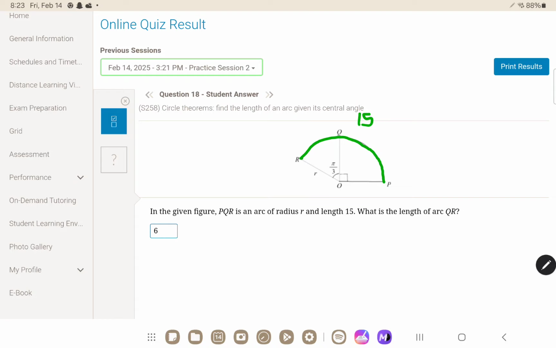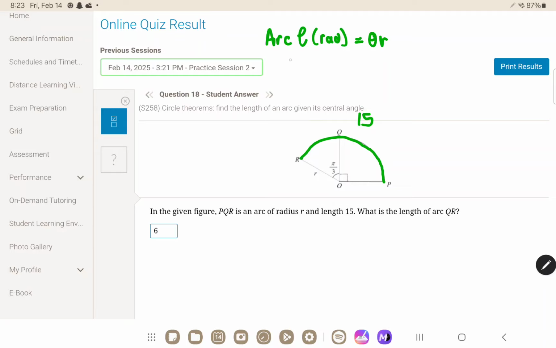When you're using radians, the arc's length in radians equals theta, which is your angle, times r. So now, what we know is our whole arc is 15.